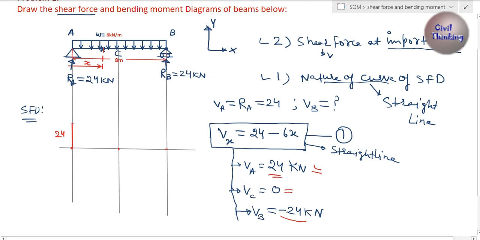How much is it? 24. It means the line length here and here is the same, but it is in the downward direction, something like this. Now I have to join all these points. Here we get the shear force up to this point, and here we get the shear force at this point. Now join these heights.